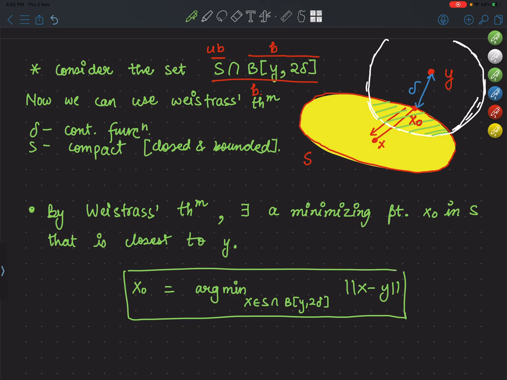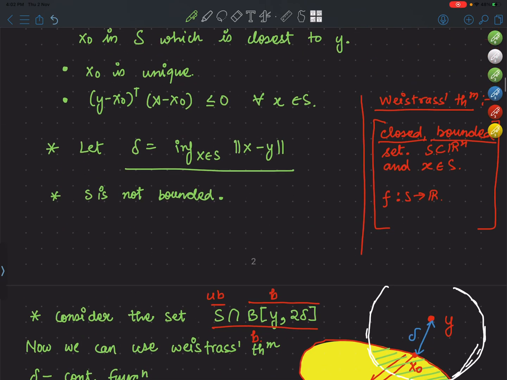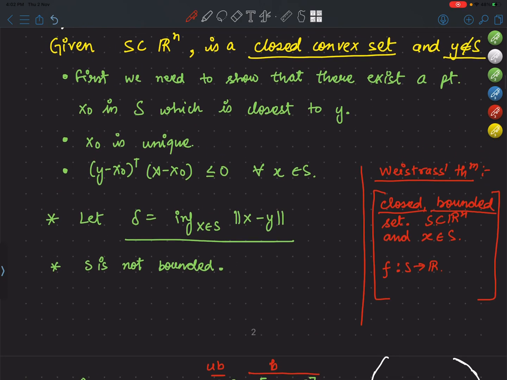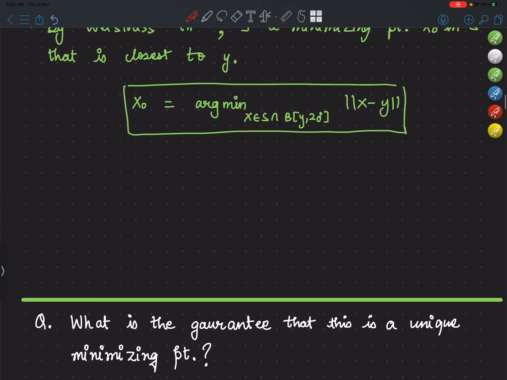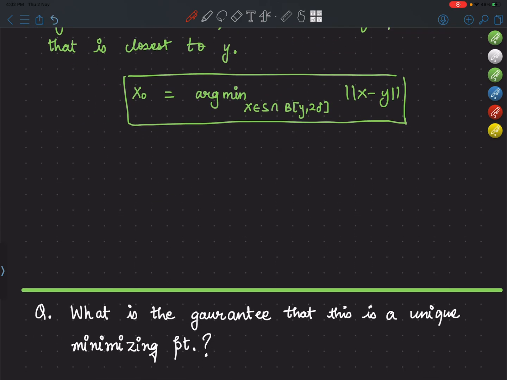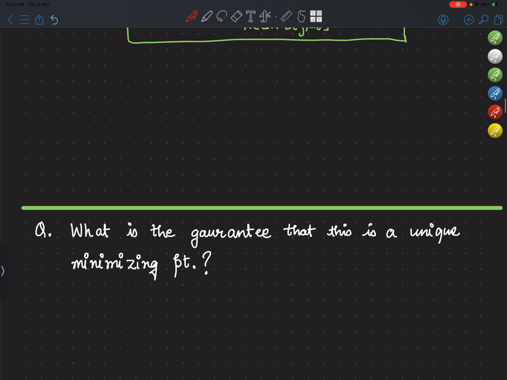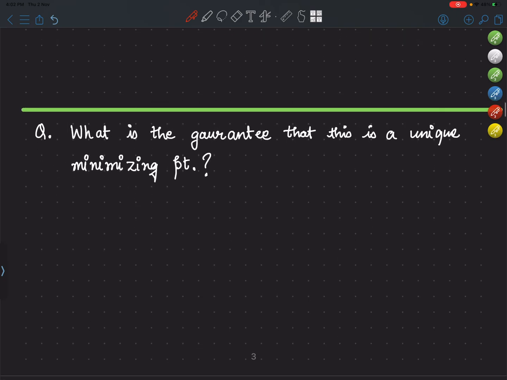We have proven the first part: there exists a point. Now we have to prove uniqueness. What is the guarantee that this is a unique minimizing point? So let's try to prove uniqueness.